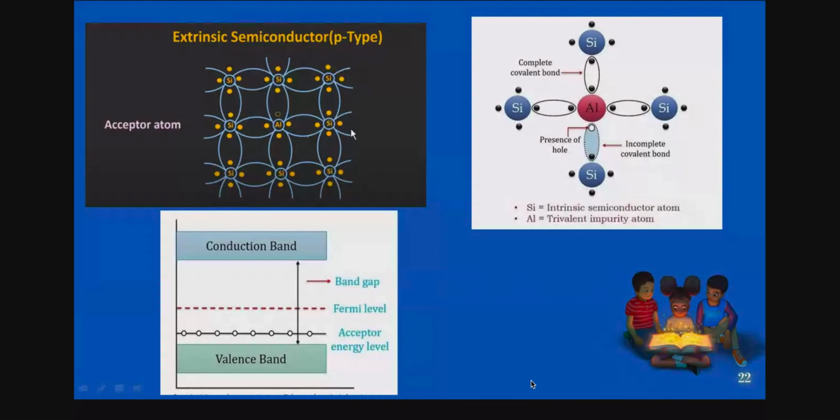If a trivalent atom, let us say aluminum, which has 3 valence electrons in its outermost orbit, is doped into the silicon, this gives the structure what you have here.